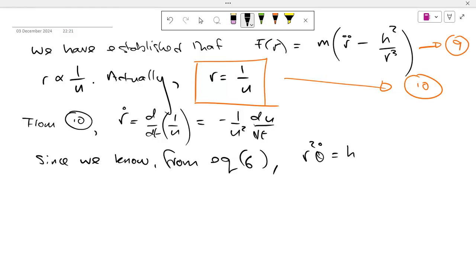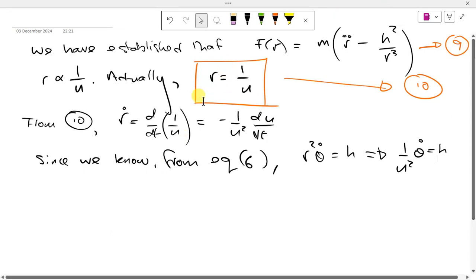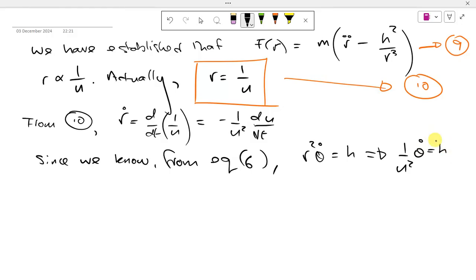Therefore, this can be rewritten as 1 over u squared theta dot equal to h. Why is that? Well, we know, as we said up here, r is equal to 1 over u. So if we put r equal to 1 over u in here, we get 1 over u squared theta dot equal to h.